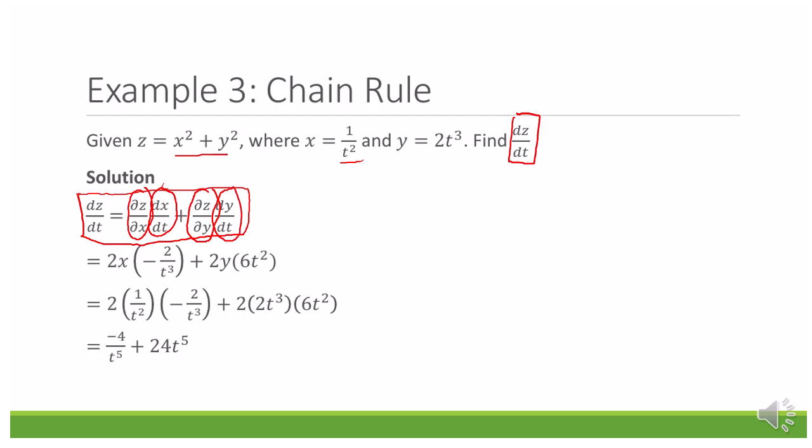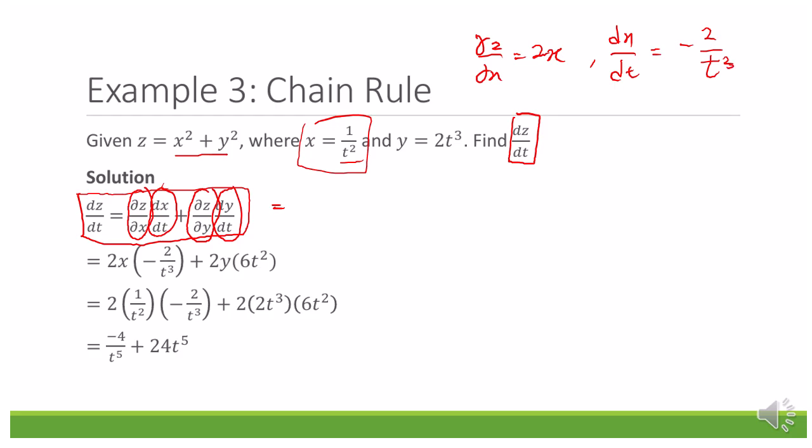Okay, so let's differentiate, what is dz/dx. This will be 2x, and then differentiate dx/dt. This will give you negative 2 over t to the power of 3.